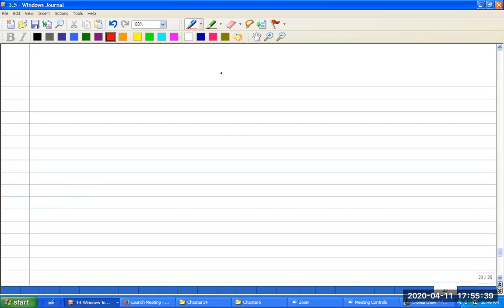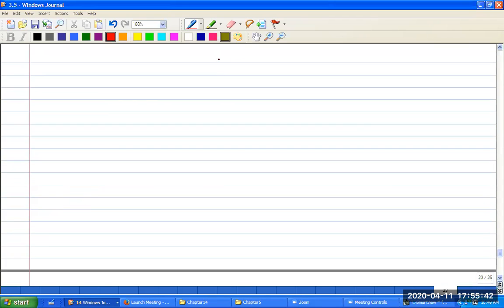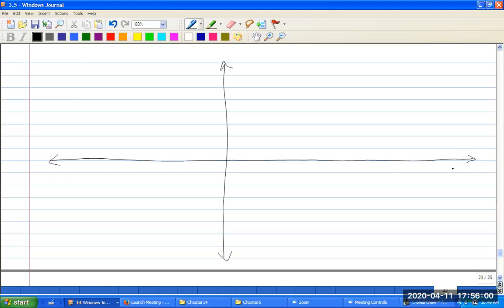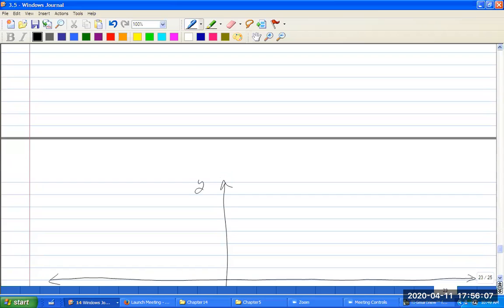Okay. Oh, I didn't look at symmetry. So I have a little space there to do symmetries. I don't think it has any symmetries.